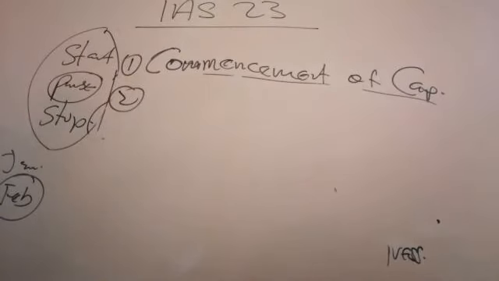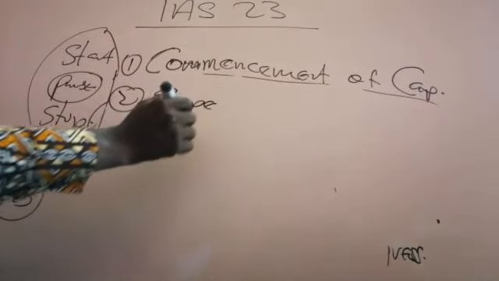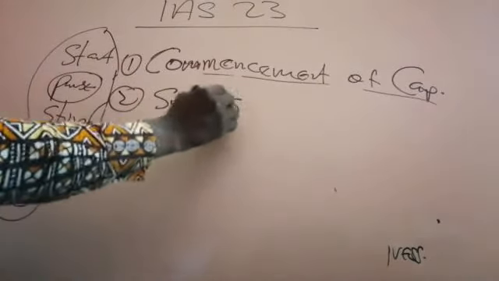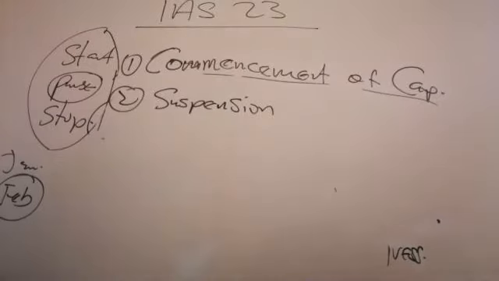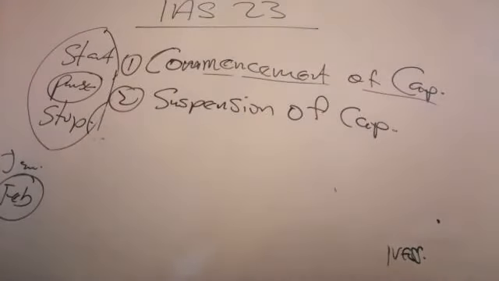That is the suspension of what? Of the borrowing cost. The suspension of the borrowing cost. Good. Great. So suspension of the capitalization. When do you suspend the capitalization of the borrowing cost?